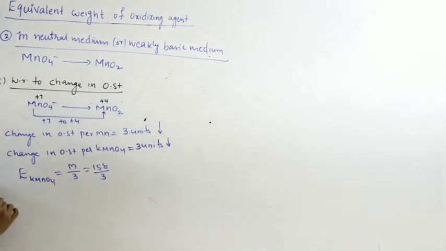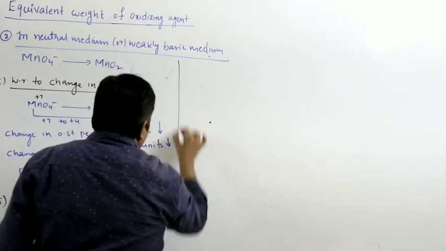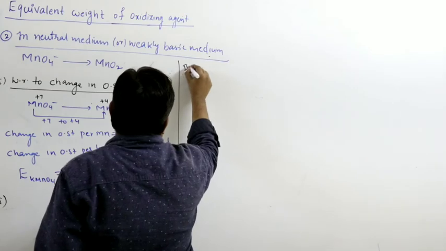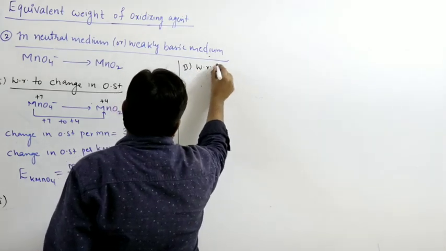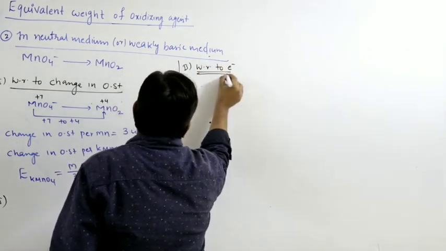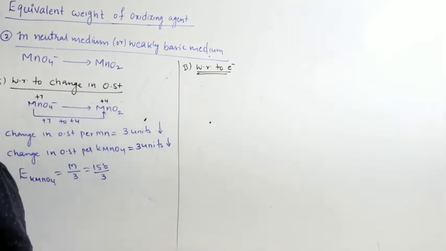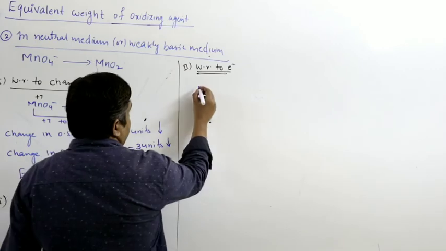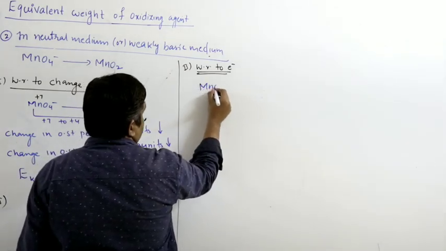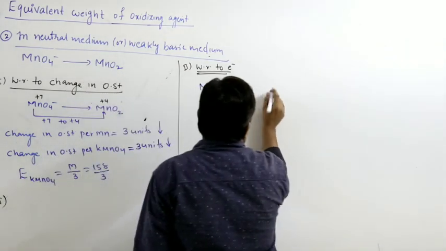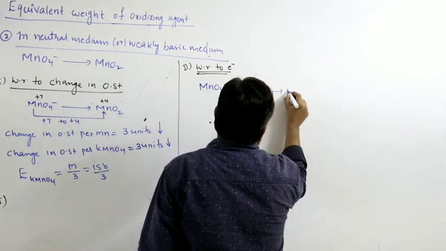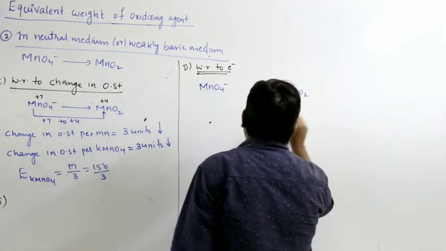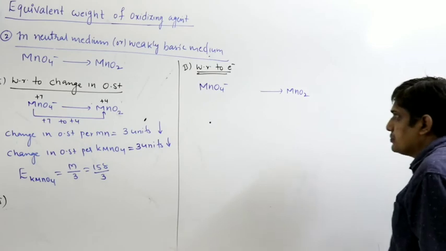What is the other way, with respect to electrons? It is an oxidizing agent, therefore it gains electrons. Let us see how to balance the equation. MnO4 minus gives MnO2.